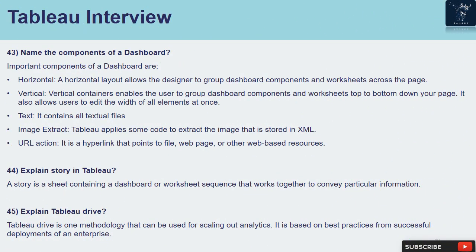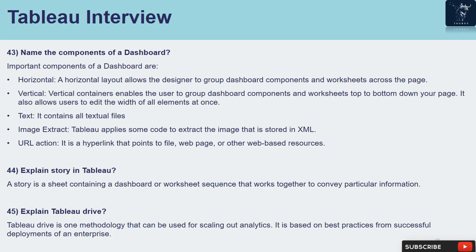43. Name the components of a dashboard. Important components of a dashboard are: Horizontal. A horizontal layout allows the designer to group dashboard components and worksheets across the page. Vertical. Vertical containers enable the user to group dashboard components and worksheets top to bottom down your page.